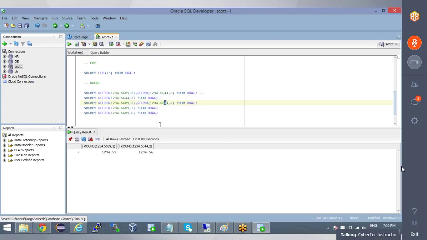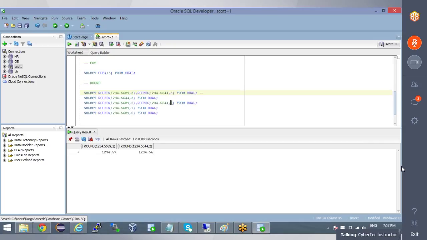Concentrate on the next position after your number of required digits. Always check the next digit from your required digits. In the earlier case, when it is 3 digits after your decimal, we concentrate on the fourth digit, and based on that we decide whether to increment that particular value or not.